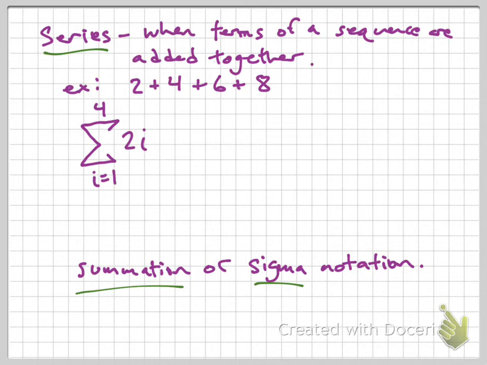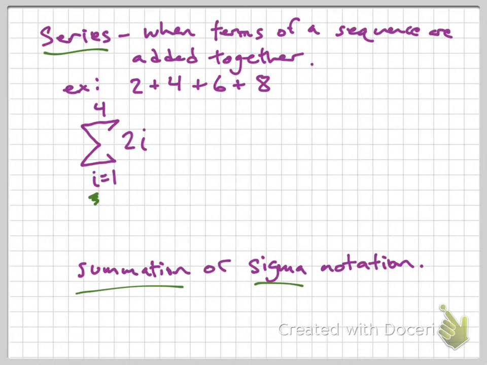And so what you'll see in the textbook is they use this variable i, where you could think of it as the initial value that you're plugging in. Often it's described as the lower limit of summation. And then up above the sigma, that 4, that would be the upper limit of summation.